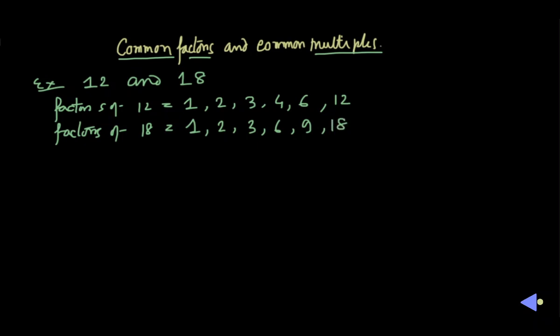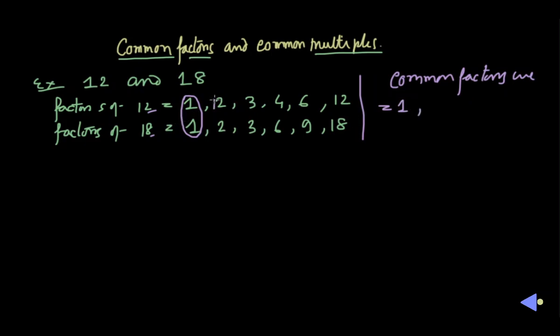Now from those factors of 12 and 18, we have to find which ones are common, that means present in both cases. So 1 is common, you see. We can write the common factors: the first one is 1.